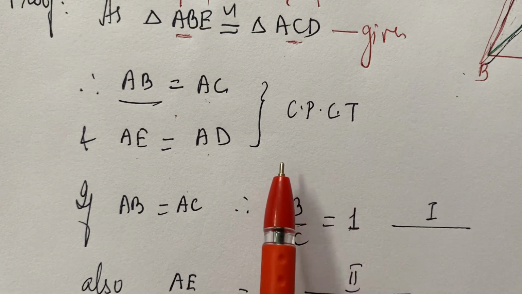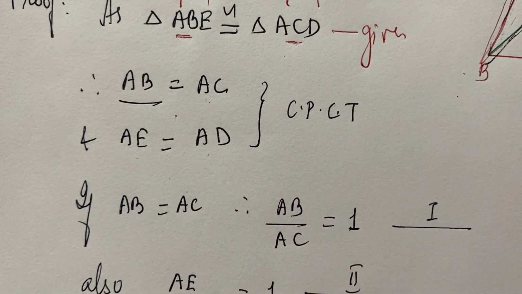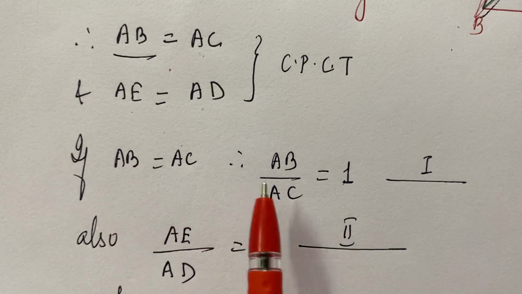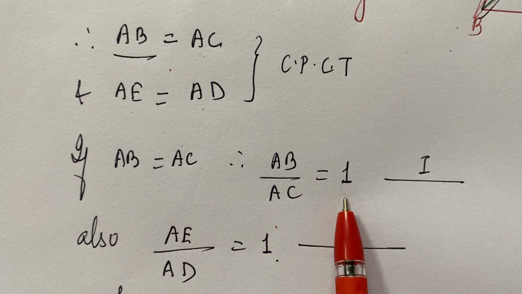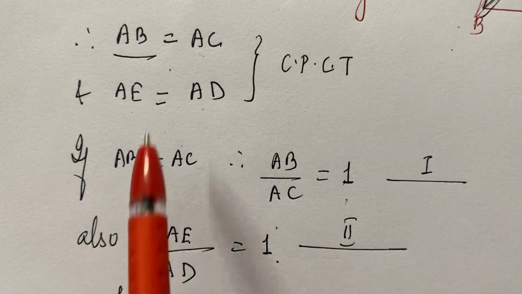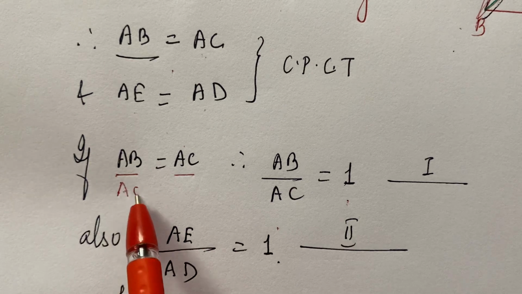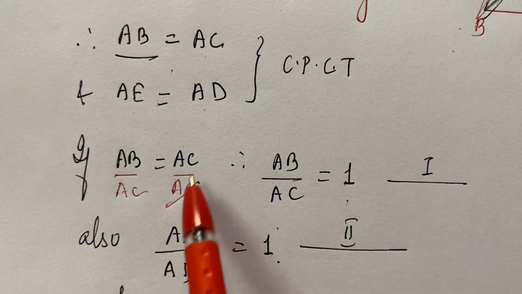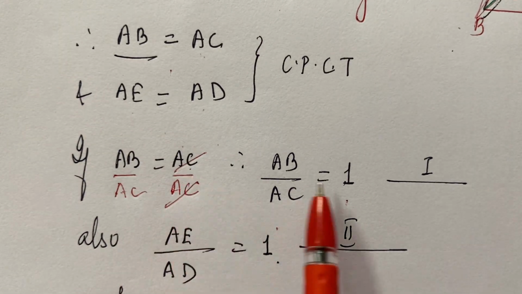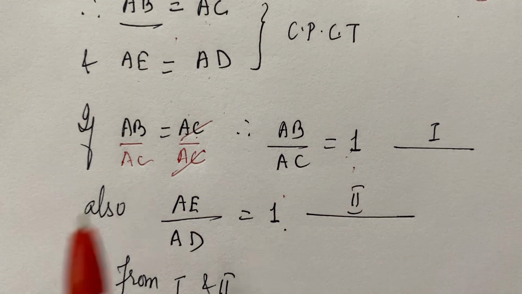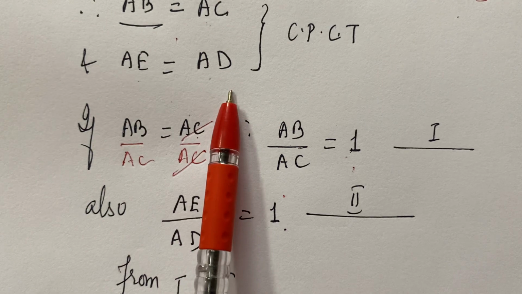CSCT. Now, as the two sides are equal, if AB is equal to AC, that means AB upon AC is equal to 1. How? See, if I divide this equation by AC, here this is cancelled. You get 1 here. So AB upon AC is equal to 1. Similarly, AE is equal to AD.